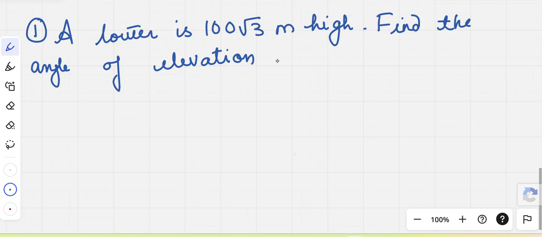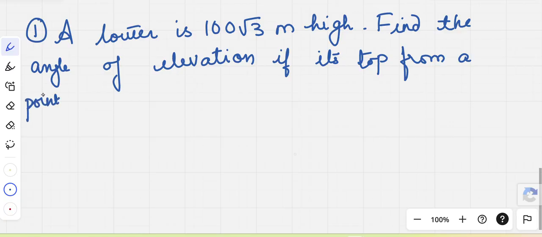Find the angle of elevation of the tower's top from a point 100 meters away from its foot.